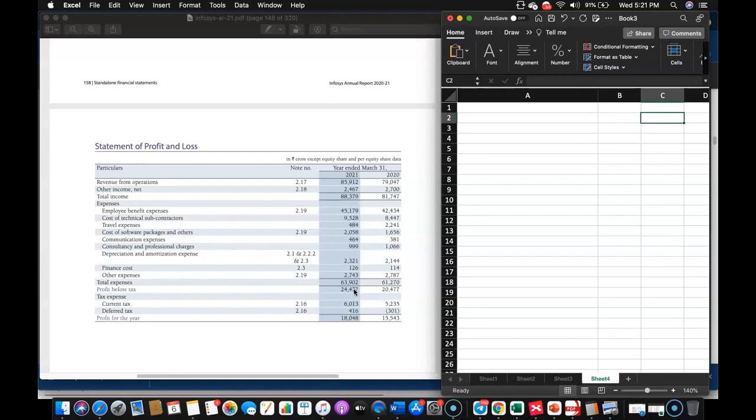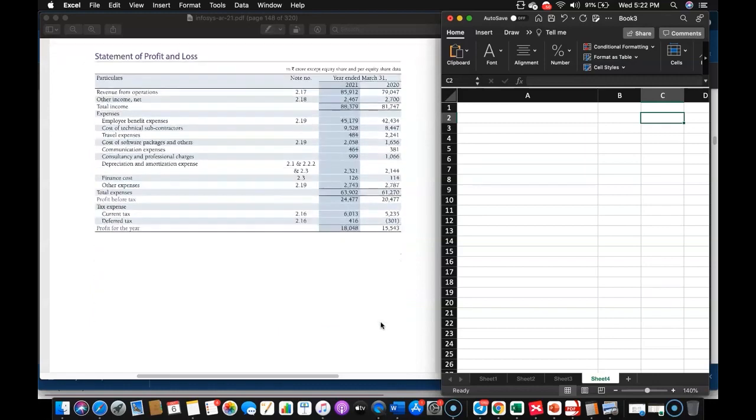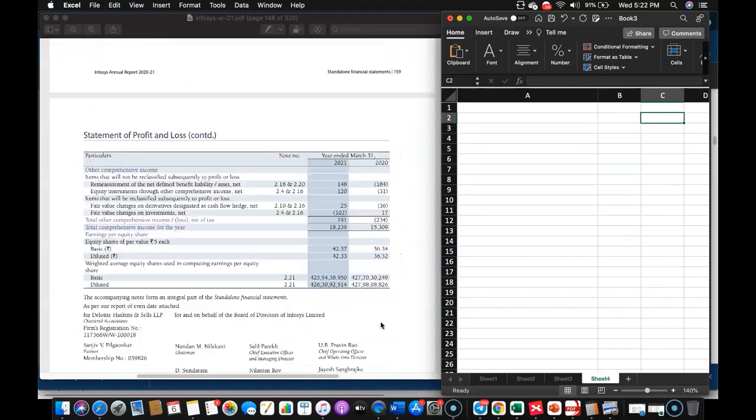Income is 88,000, and that gives them a profit of 24,477 crore. Okay, and that has increased when compared with the previous year. Amazing. And current tax, yes, it has to be provided. And after that, profit after tax is whopping 18,000 crore. When compared with previous year, it is 15,543 crores. So there is a significant increase.